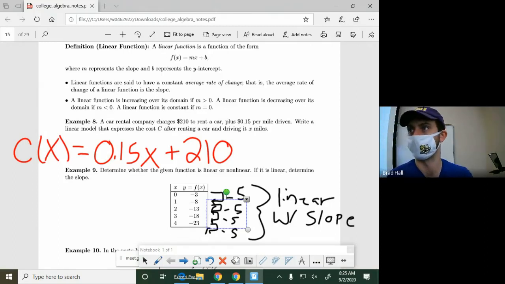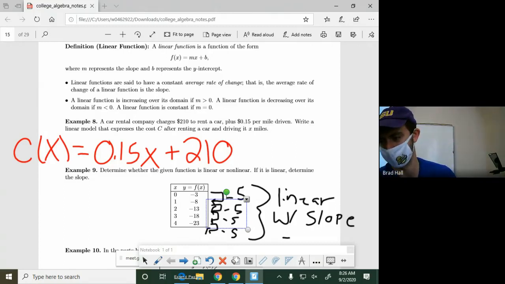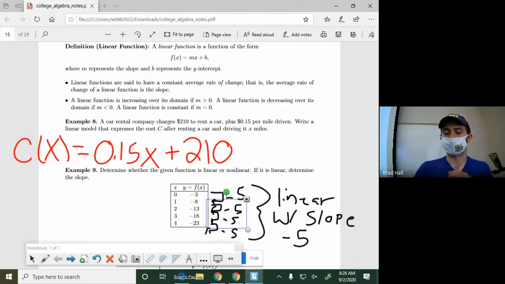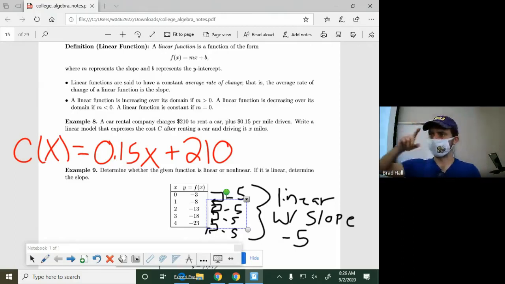And you'll never guess what the slope is. Maybe you will. What is the slope? It's negative 5, yeah. So that trend between the y values, that's the slope. There's maybe 2 or 3 problems like this, and that's pretty much the process. If that displacement is not the same, so let's say we got negative 5 and then negative 6 and then something else, well, that's not going to be linear.